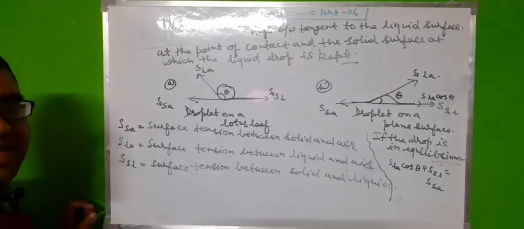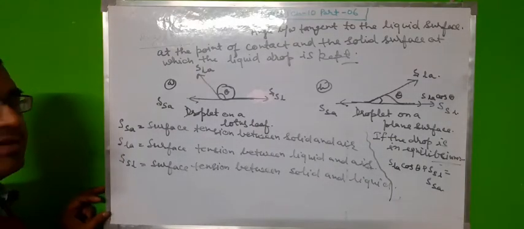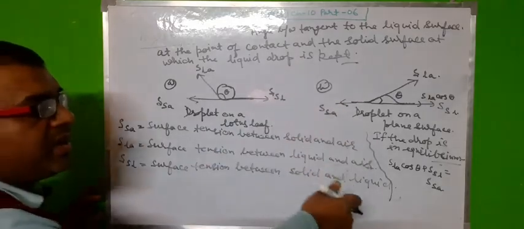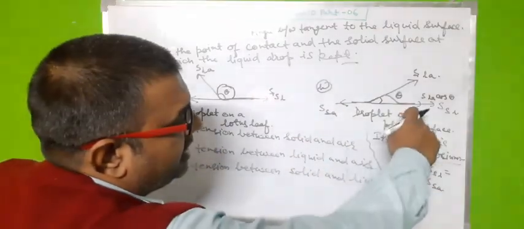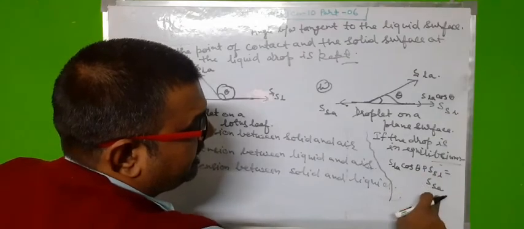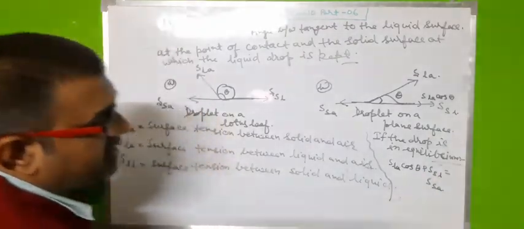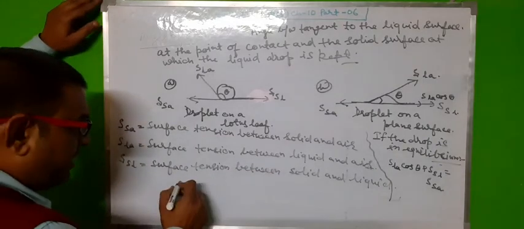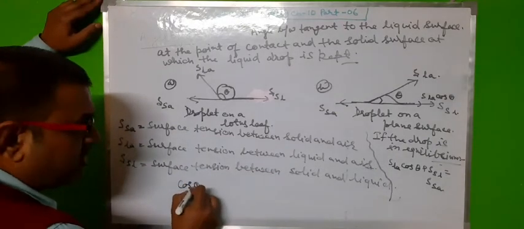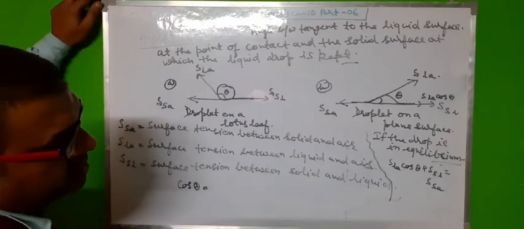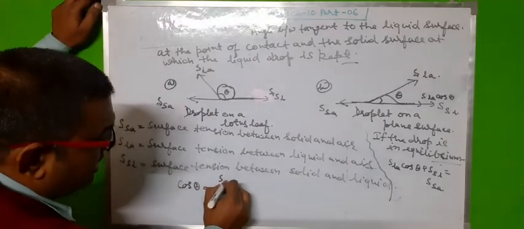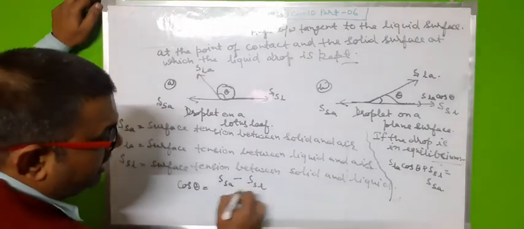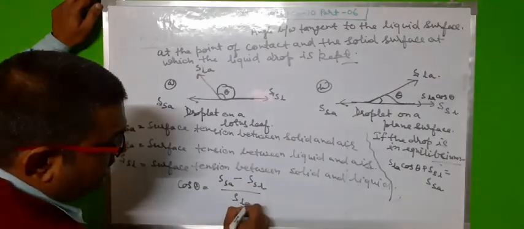Since the liquid is at rest, or we can say the drop is at rest, or in equilibrium, for equilibrium SLA cos theta plus SSL is equal to SSA. These are the surface tensions I had given. Now we have to find the formula for cos theta. Cos theta is equal to SSA minus SSL upon SLA.